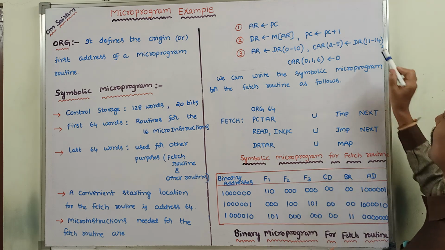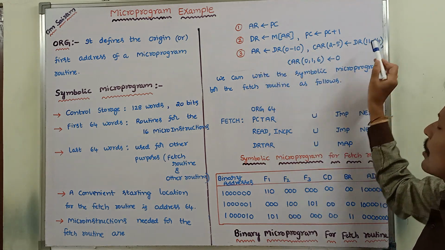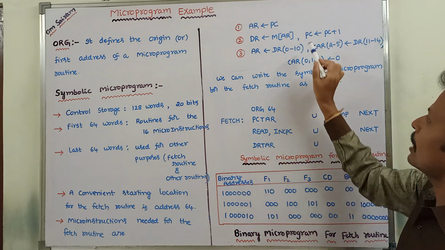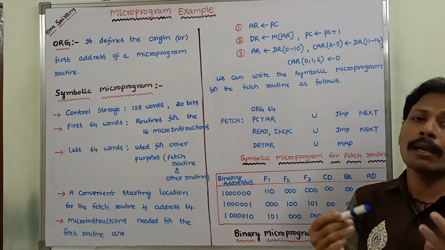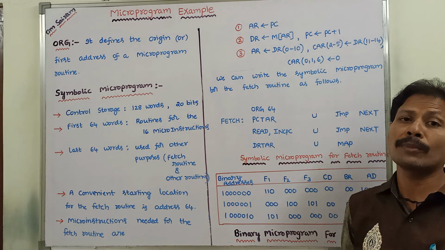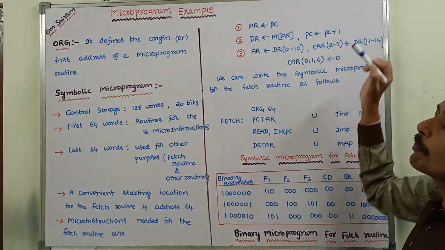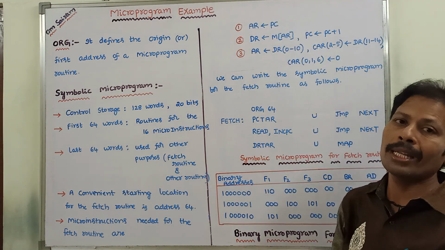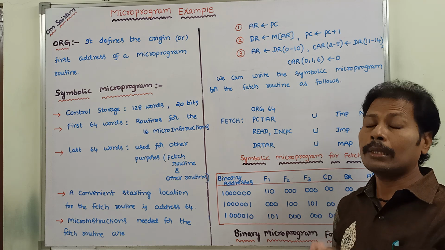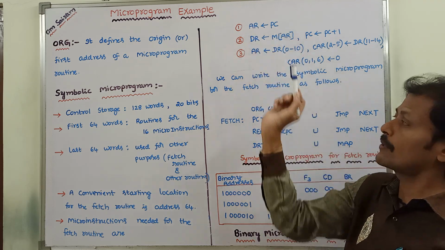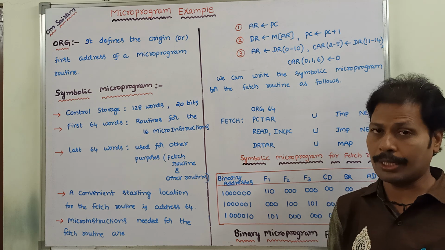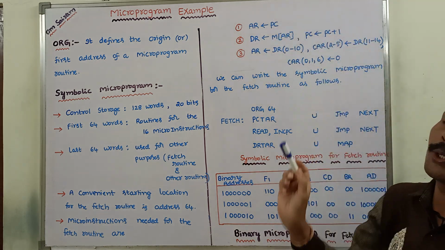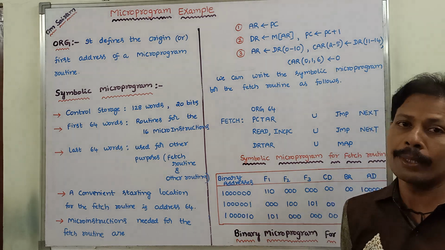So this third micro instruction represents the mapping logic. The second micro instruction represents reading the instruction from the memory. At the same time, PC value is incremented by 1. The first micro instruction is the address of the instruction is transferred to the address register. Okay, these are the 3 micro instructions that are used for the fetch routine.